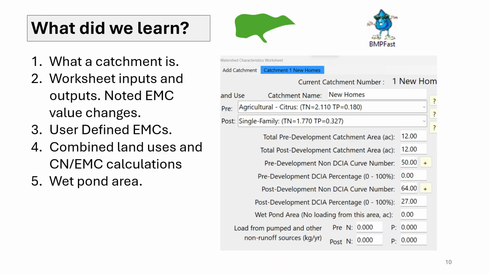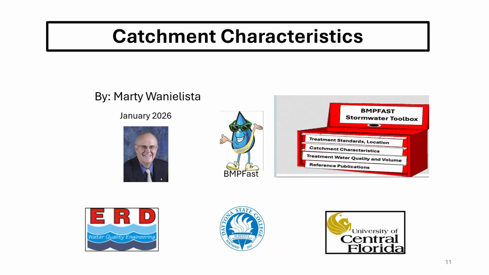Finally, we looked at how the presence of a wet pond area influences our loading calculations. This included understanding modifications due to pumped discharges, or the assumption that wet pond areas might not contribute an annual load under certain conditions.